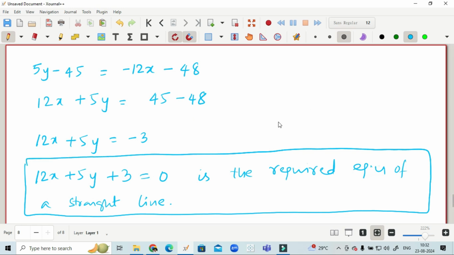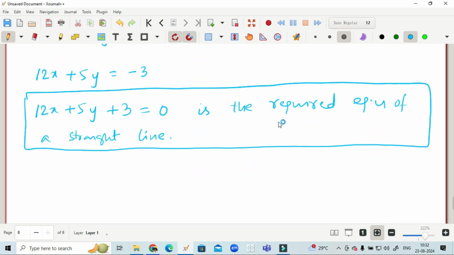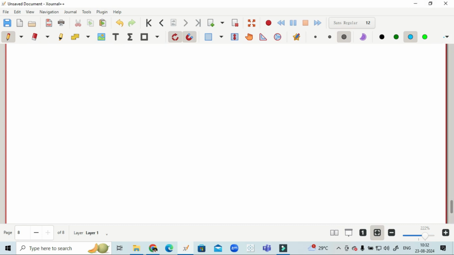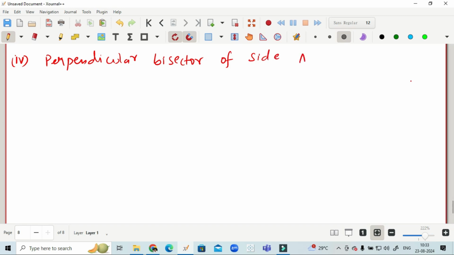So this is the completion of the third part, and we are left with the last part, which is the perpendicular bisector of the side AB.